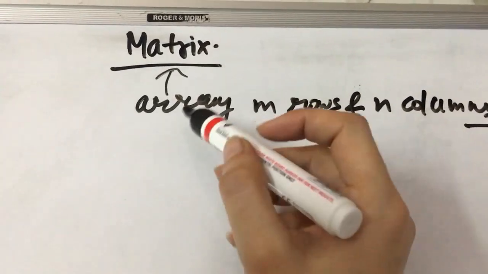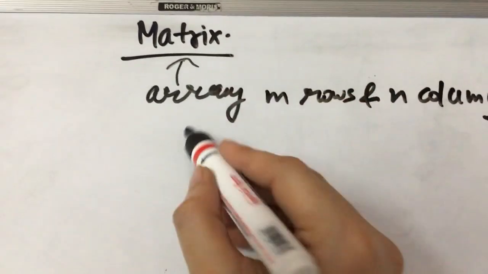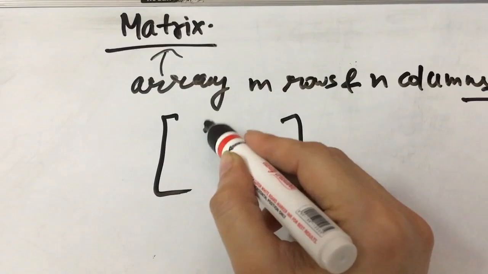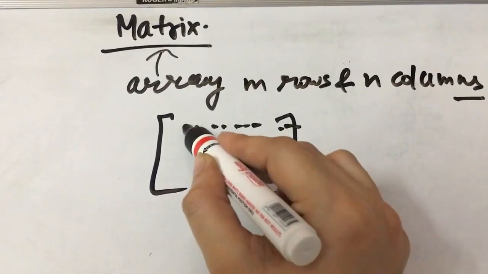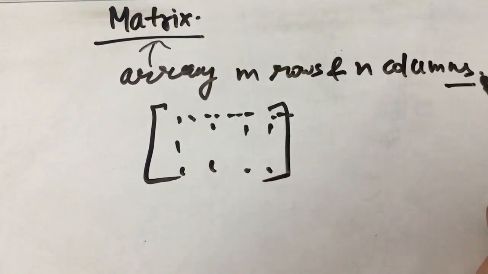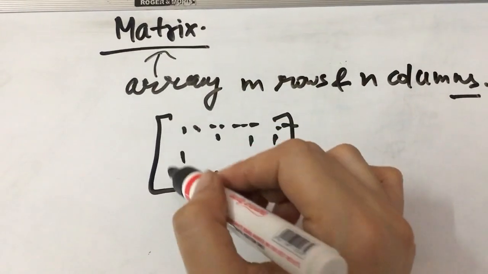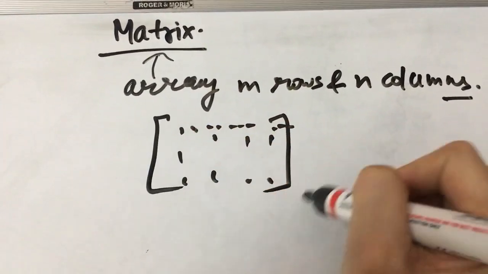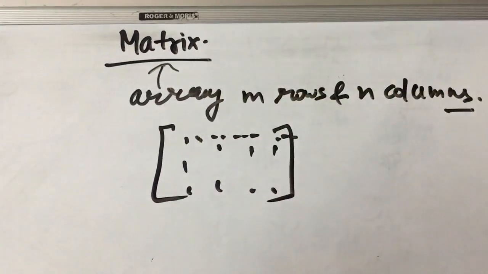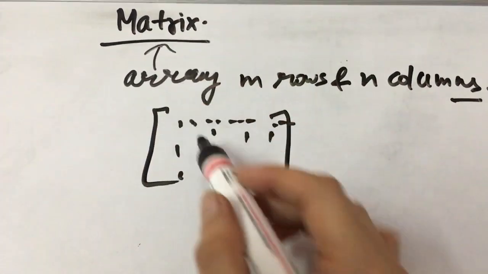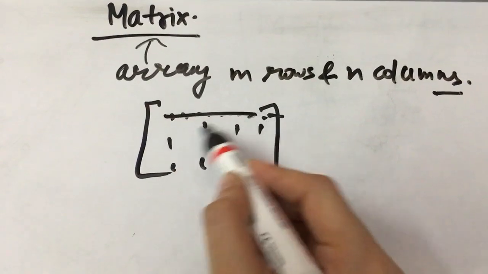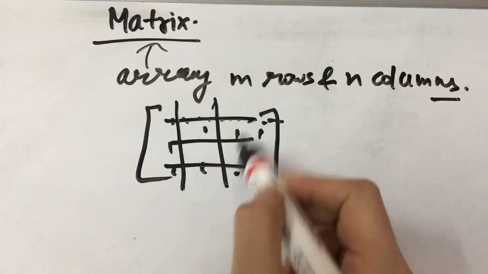Basically, a matrix is an arrangement of numbers horizontally and vertically. This is the arrangement of elements between these two brackets. This whole arrangement is known as a matrix. Its typical definition is that it is an array of m rows and n columns.